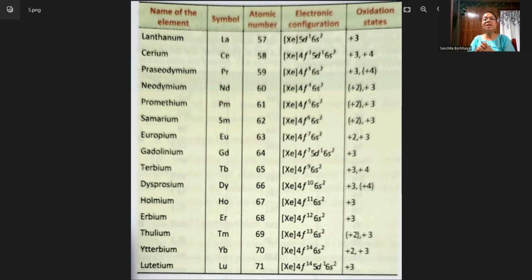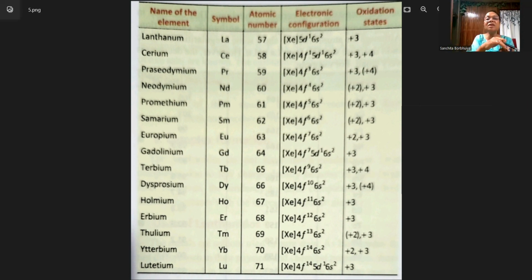Whenever we are trying to figure out the electronic configuration of praseodymium, the +3 oxidation state and +4 oxidation state persist. You will understand that the 5D and the 4F are degenerate, having nearly similar energy.